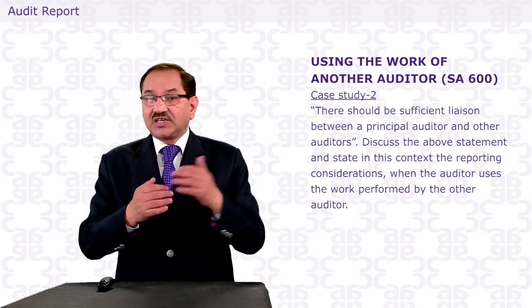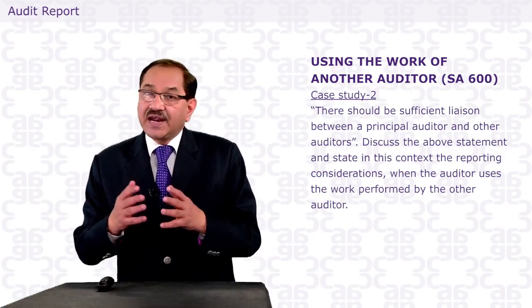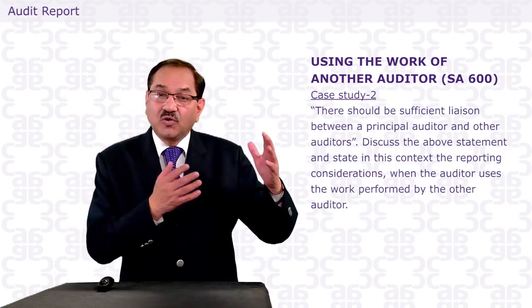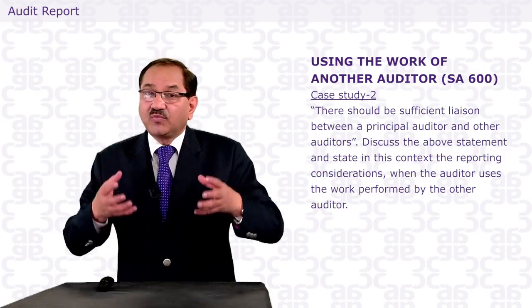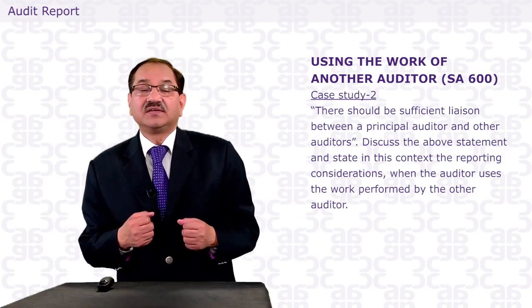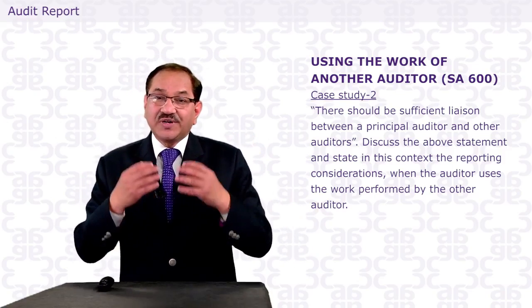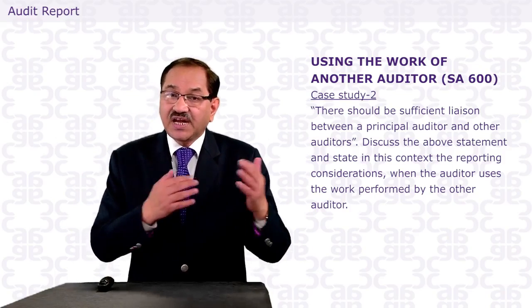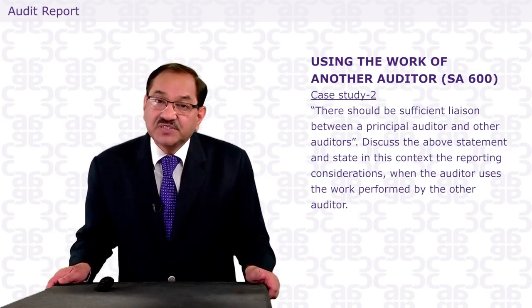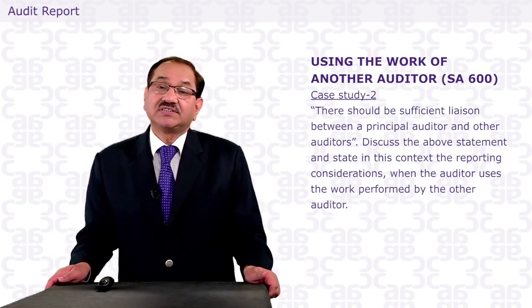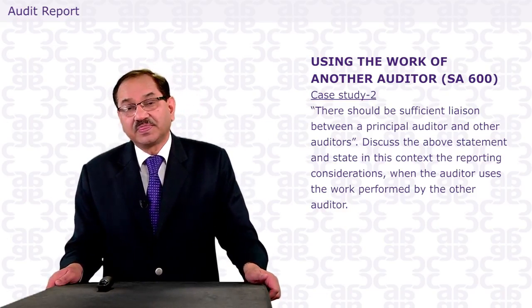In between, during the audit process, you may also give them certain instructions: which items you feel should go in for substantive testing, and which are the risk-prone areas where more substantive testing is required. And if in between the branch auditor feels any problem and discusses it with the principal auditor, the principal auditor has to give guidance on how to deal with that situation.